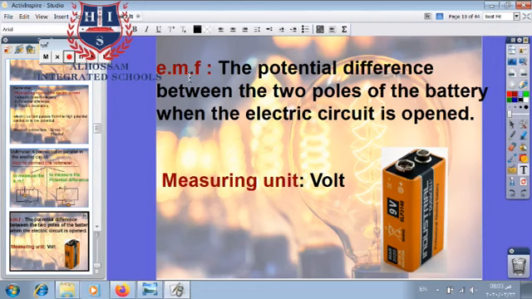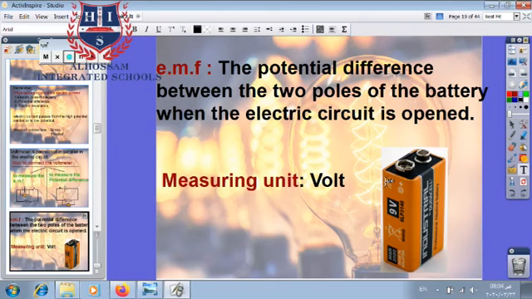And this movement of electrons goes from the high potential, as we said before, to the low potential conductor. In this battery, we have a positive pole and a negative pole, and the electric current passes from the positive pole to the negative pole.